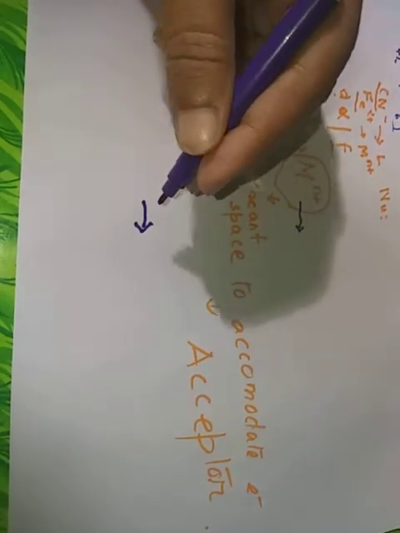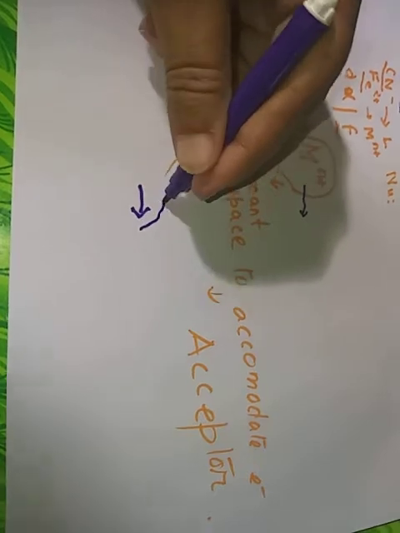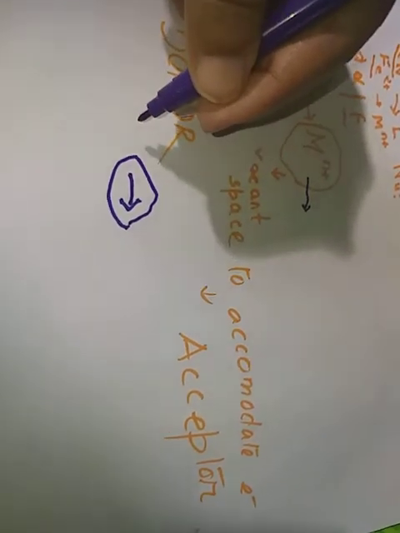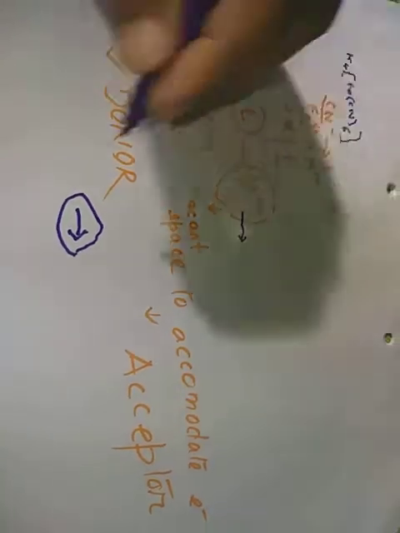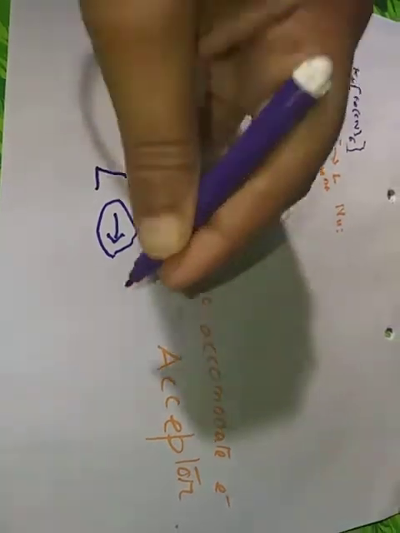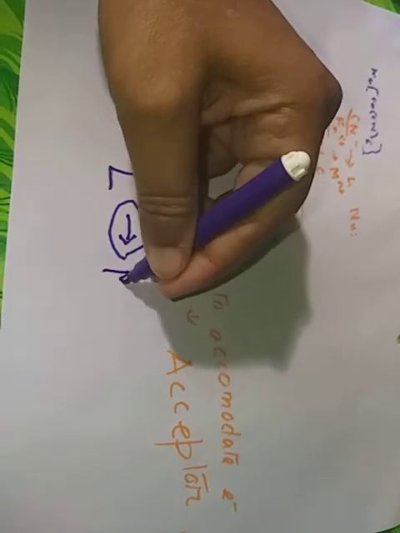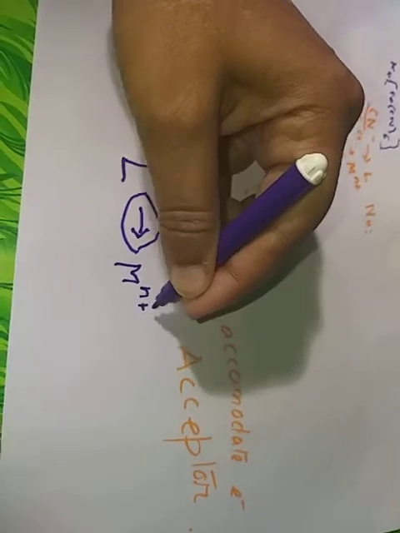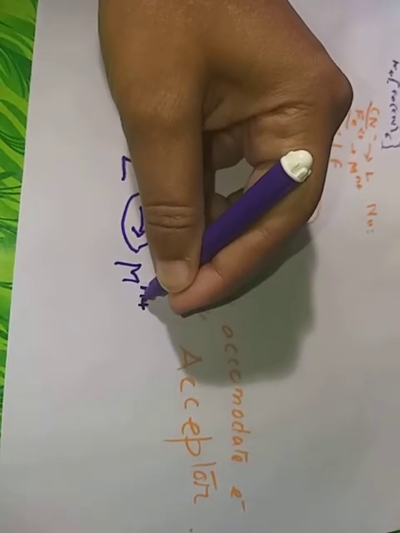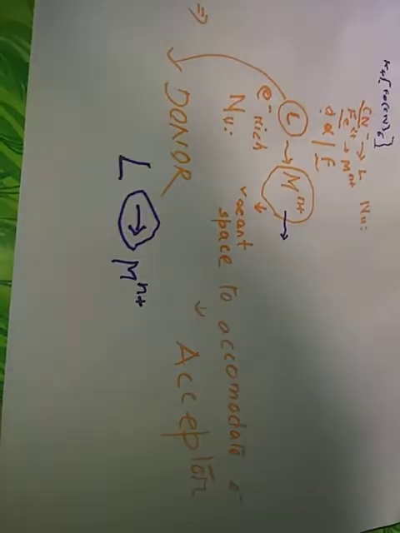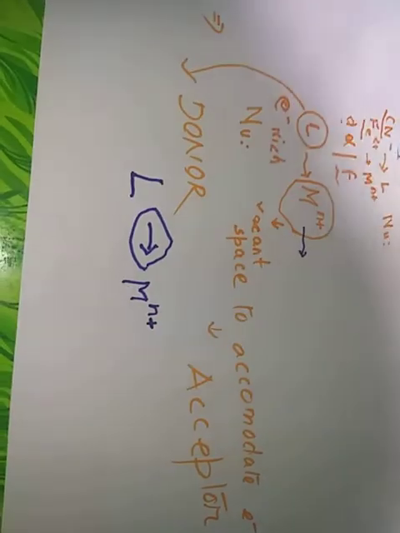It is only the representation of a coordination bond in which the shared pair is given by the ligand, while the central metal is providing the vacant space and the ligand is providing the extra electrons for sharing.